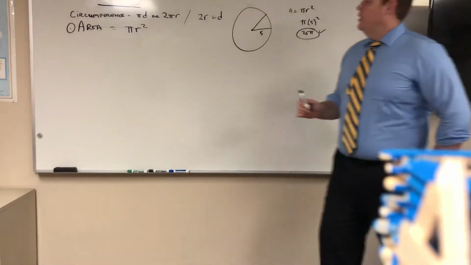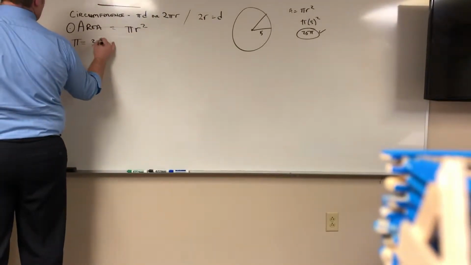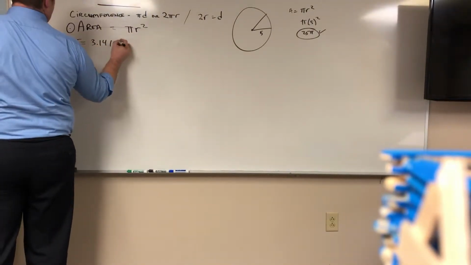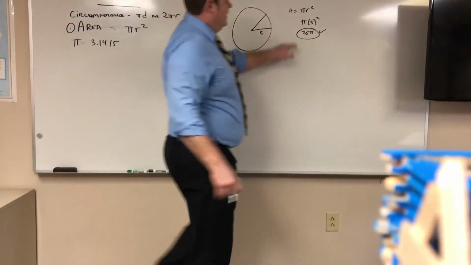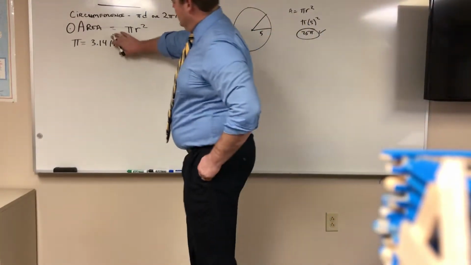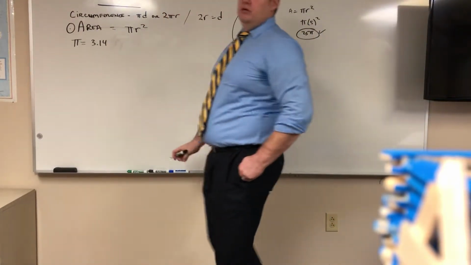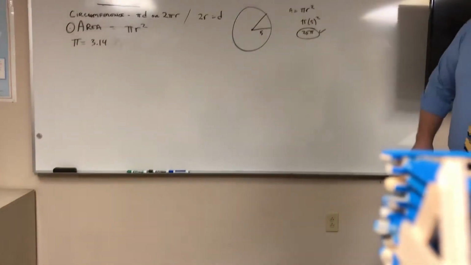So we all know that pi is equal to 3.1415. When you do math in my class, you can leave it like this. If they ask for the decimal, please use just 3.14. So 25 times 3.14. But that's all you're having to do.